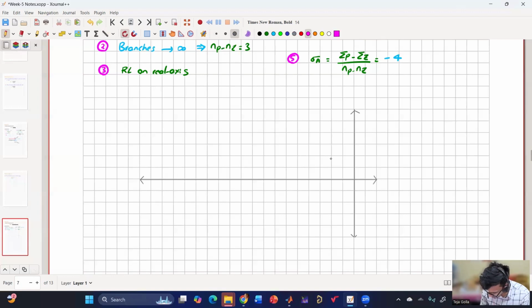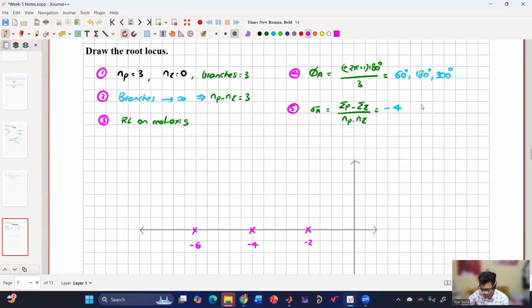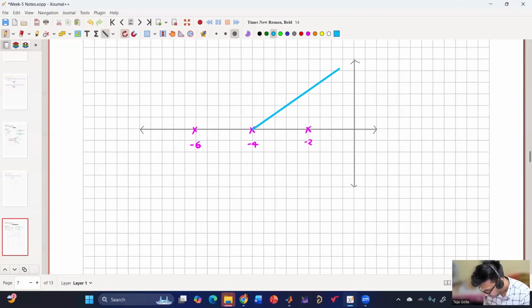This is minus 2, this is minus 4, this is minus 6. The asymptotes start from minus 4, and the angles are 60, 180, 300 degrees. Let us draw those also. This is one asymptote, this is another asymptote, and this is another asymptote.